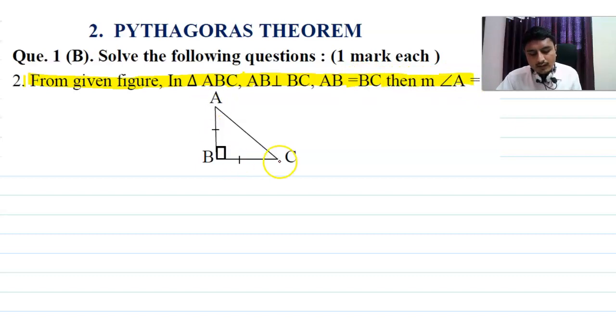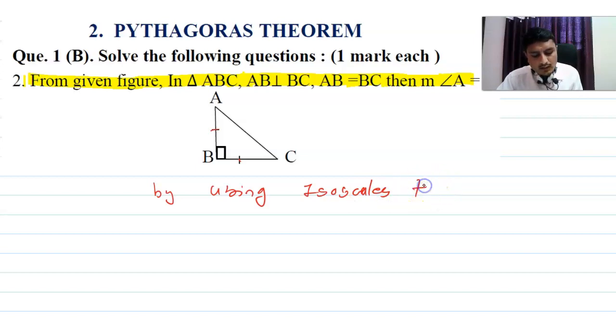Now look at the triangle. We have a right angle triangle which is right angled at B, and AB equals BC. So by using the isosceles triangle theorem, if any two sides of a triangle are congruent or equal, then the triangle is an isosceles triangle, and the base angles are equal.